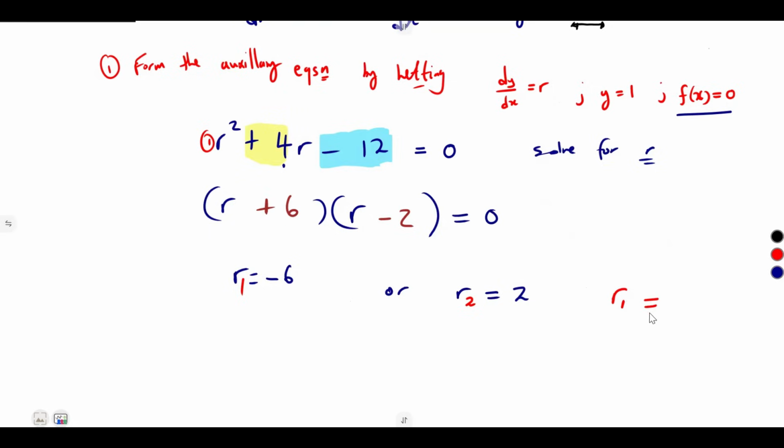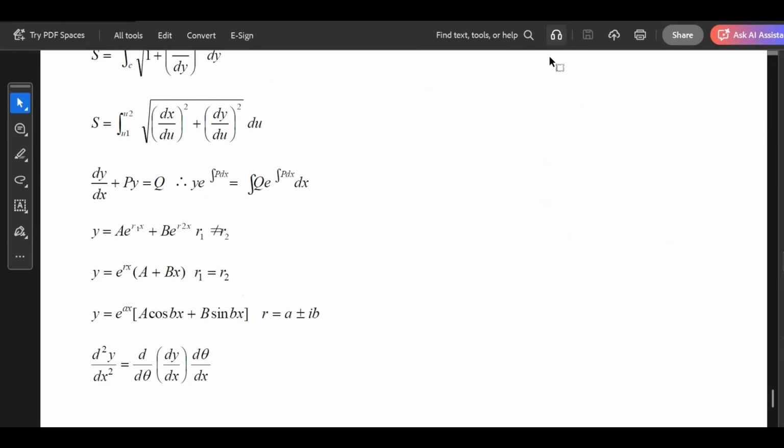r1 is not equal to r2, and they are not complex solutions, all right? Because we can have complex solutions. Remember this part where r is complex, from complex numbers, when it is giving you a complex solution.